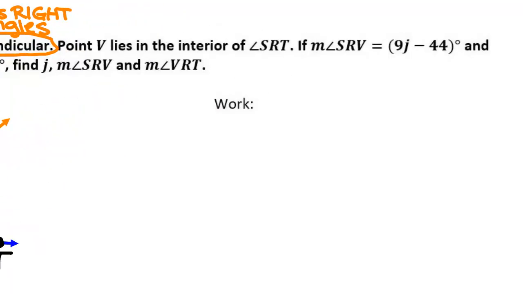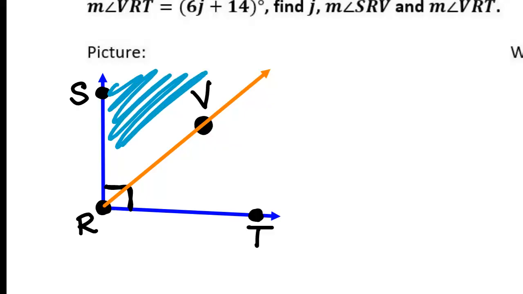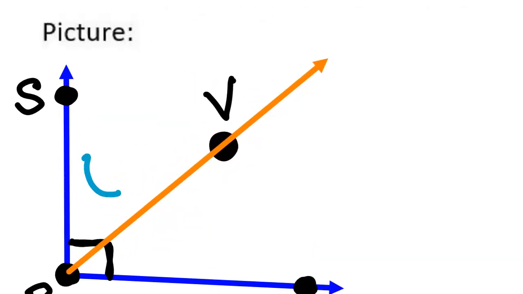Then it says here that the measure of angle SRV is 9J minus 44. SRV is this angle right here. So that is not necessarily, we don't know that it's exactly in the center, but it is in the interior. If we were told that the two angles were congruent, then it would be a bisector.